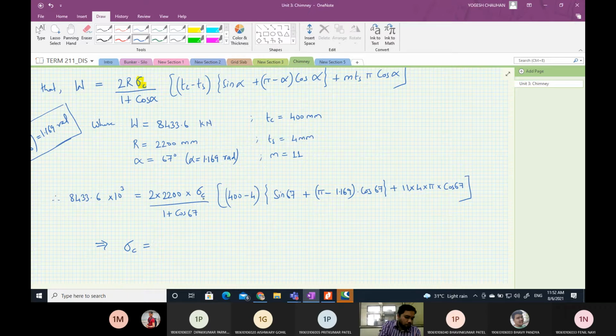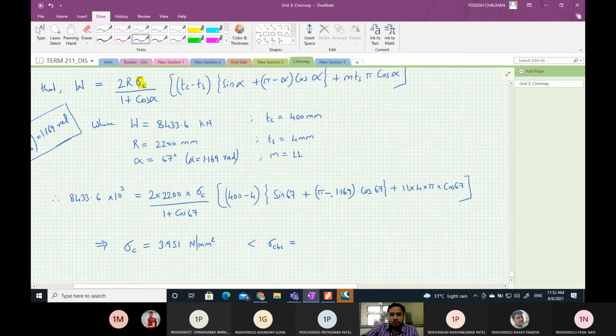So it will give you the stress as 3.951 Newton per mm square. This is the stress in concrete, which is less than sigma CBC, that is the permissible stress in concrete due to bending compression.